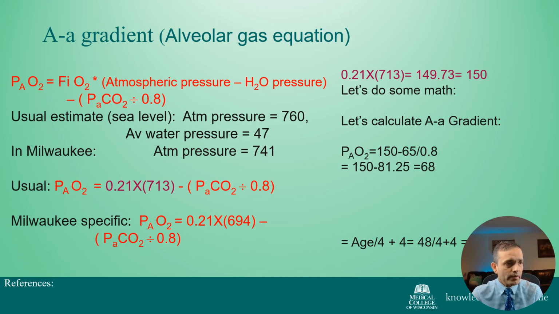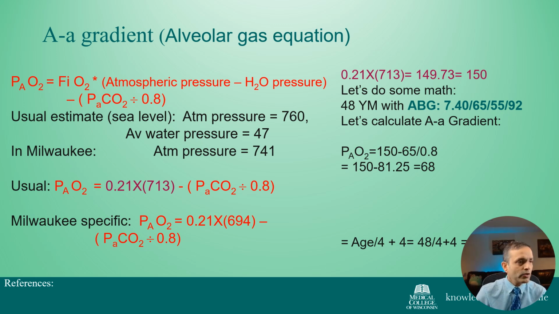Then the second number you need is PaCO2, which is the carbon dioxide number from ABG. In our ABG, the carbon dioxide number is 65, divided by 0.8. 65 divided by 0.8 is going to be 81.25. So total big A, PAO2, is going to be 150 minus 81.25, which is 68.